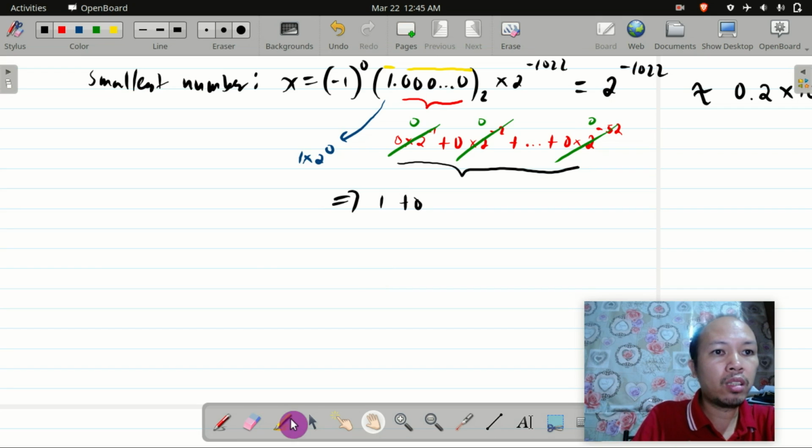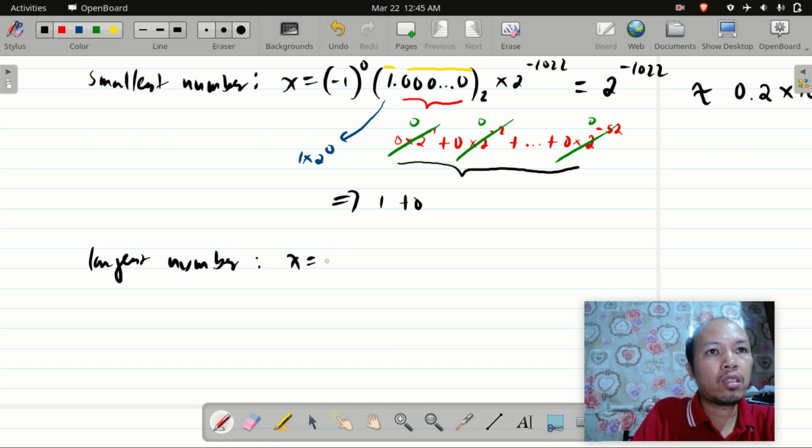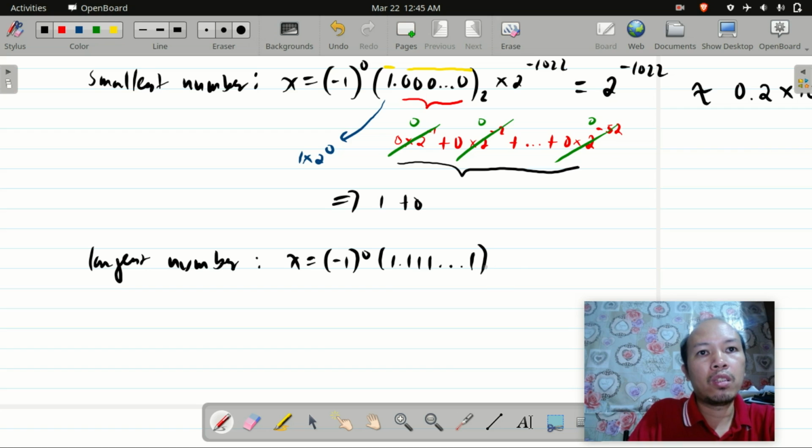So we have the largest number x equal to negative 1 to the 0, we have 1.111 times 2 to the 1023.